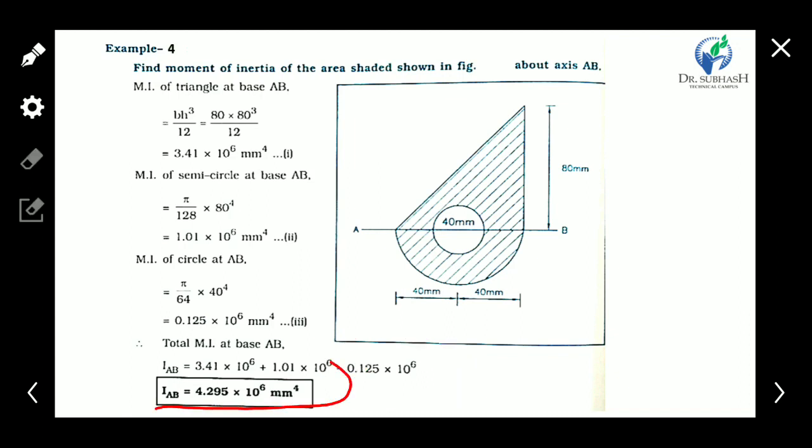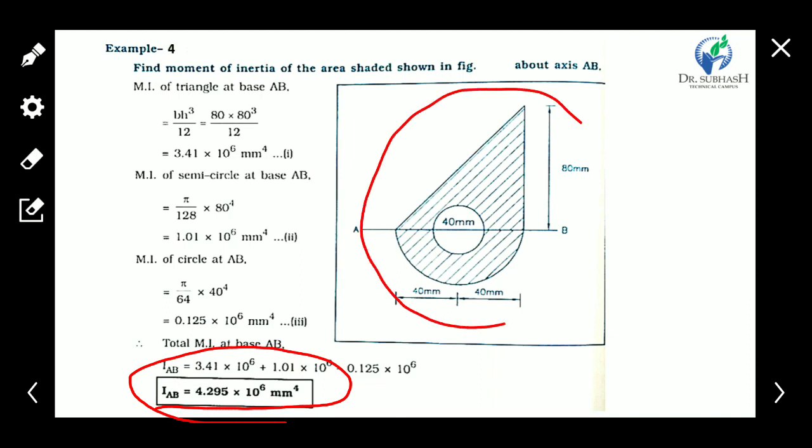We get the final value of the moment of inertia of this given area: 4.295 into 10 raised to 6 mm raised to 4.